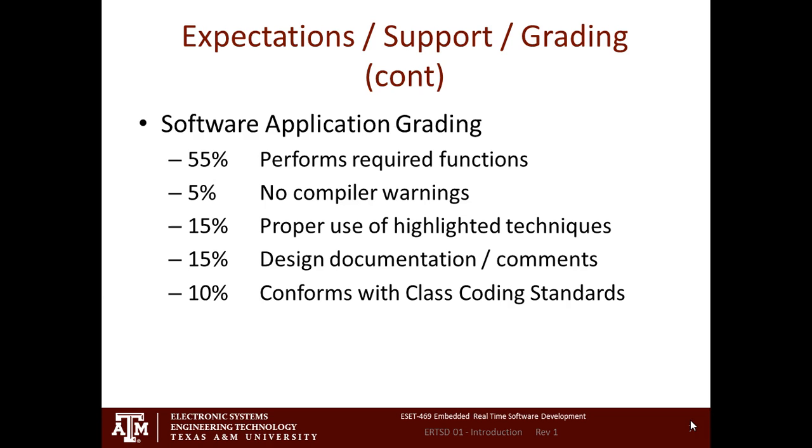The way that we turn software in, you're going to follow the instructions, and I will load your software onto my computer. I will hit compile. I will load it onto my reference platform. If it works on my reference platform, it worked. If it doesn't compile or doesn't work on my reference platform, it didn't work, and you don't get those points.